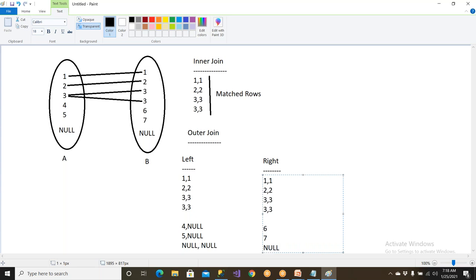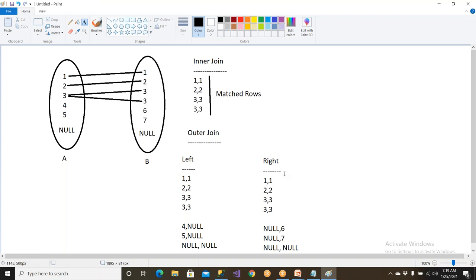For the 6 there is no matching data, so this side you will see a null, and for the 7 there is no matching data, so you will see a null, and for this null there is no matched data here, so you will get one more null this side. Clear? So right join would be matching data plus unmatched data from the right table.